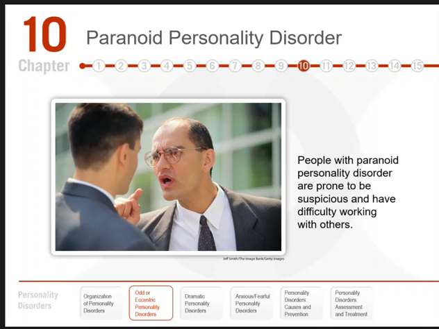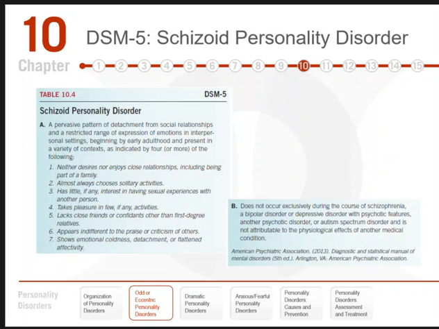The odd or eccentric personality disorders include the paranoid, schizoid, and schizotypal personality disorders. The paranoid personality is a general distrust of others, and I basically have covered that. Schizoid is a pattern of detachment from social relationships.